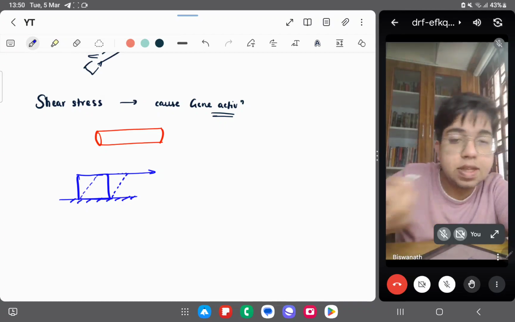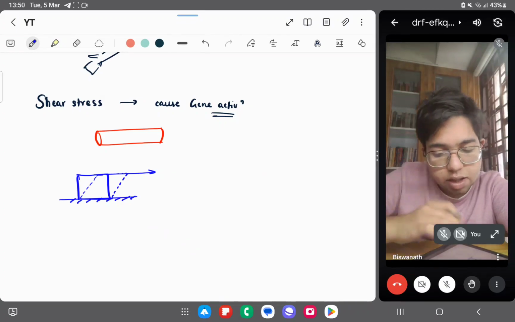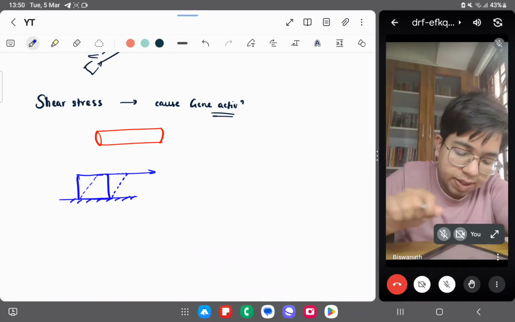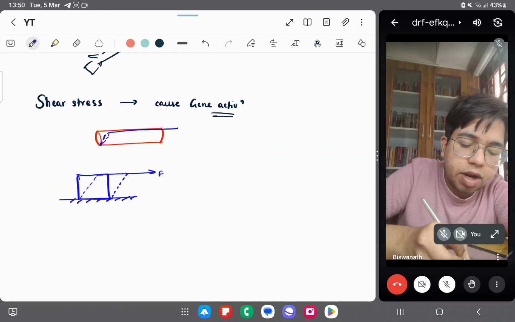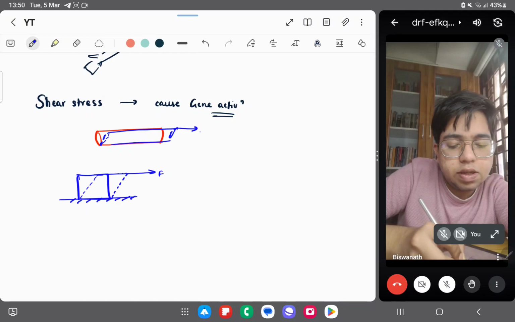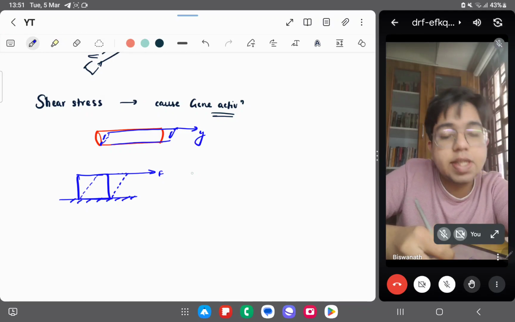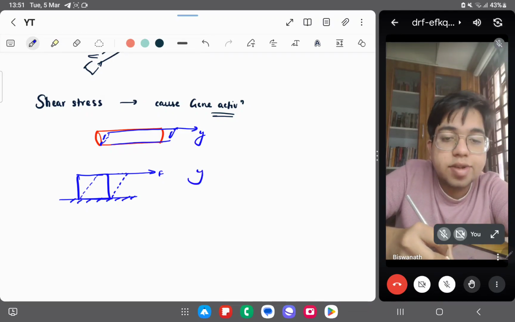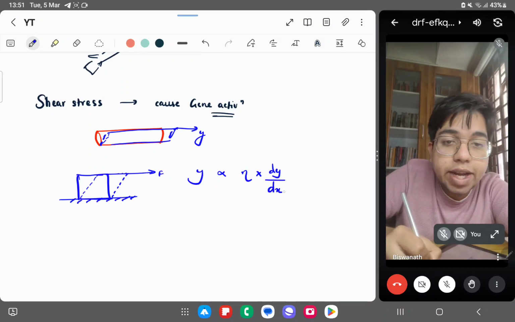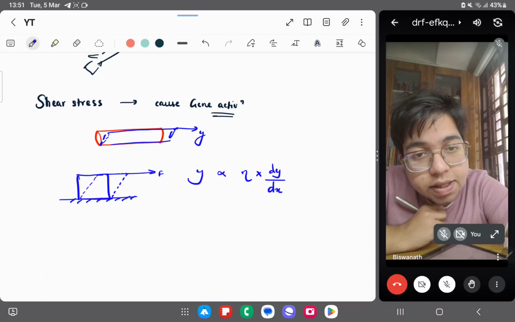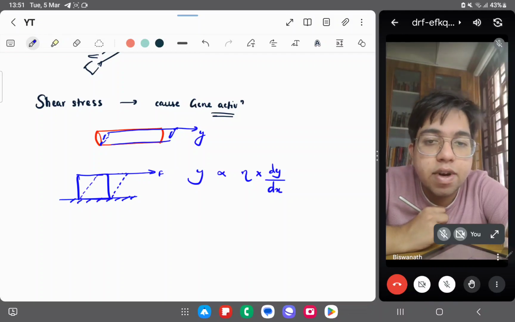This is the shear stress, and if this shear stress is applied in this format, the blood vessel also acts in the same manner. This is the shear stress, which is proportional to your viscosity into your dy by dx. What is your dy by dx? The velocity gradient. Okay.